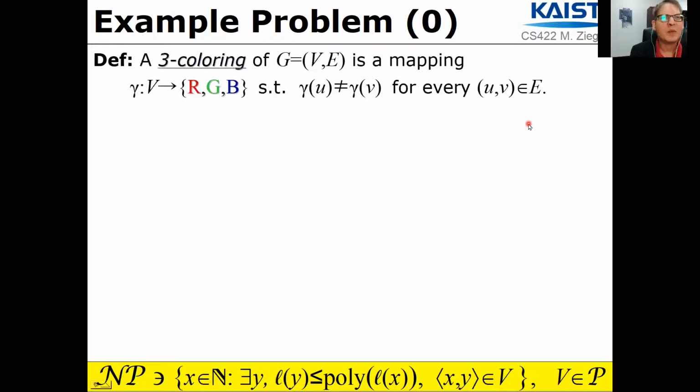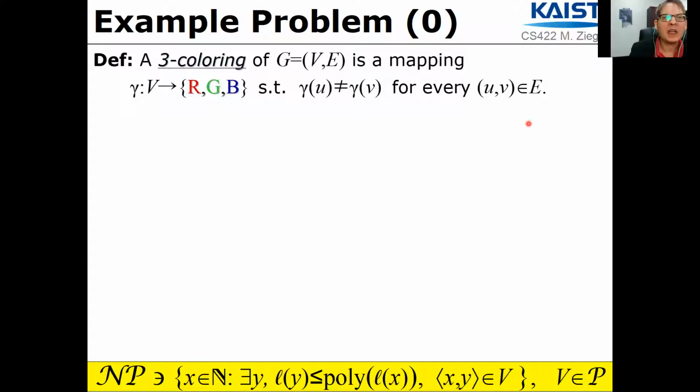And the first example problem we're looking at is 3 coloring. So coloring of a graph is a mapping that assigns to every vertex some color, and it must be so that adjacent vertices that constitute both ends of some edge must be assigned different colors.